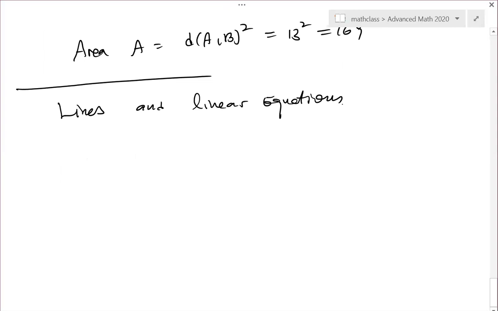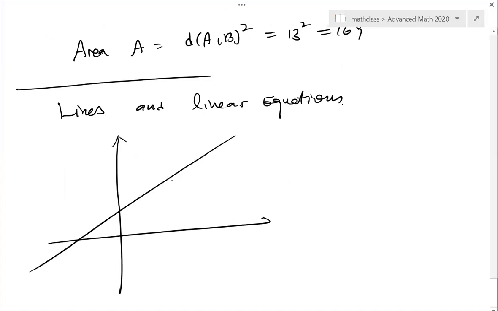A given line, how can you describe it? If you take arbitrary 2 points, and you draw this rectangle, it doesn't matter where we pick the points. So this is delta y and delta x, the change, right?